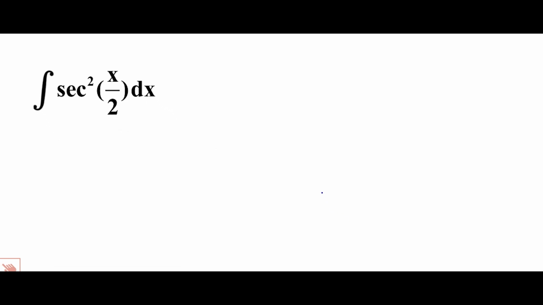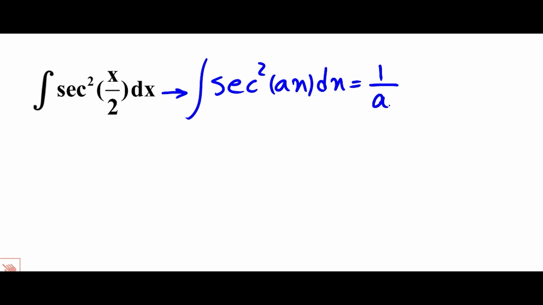The integral of secant squared x over 2. Again, as you know, the integral of secant squared ax dx equals 1 over a tangent of ax plus c, right? So in this problem, a equals 1/2.